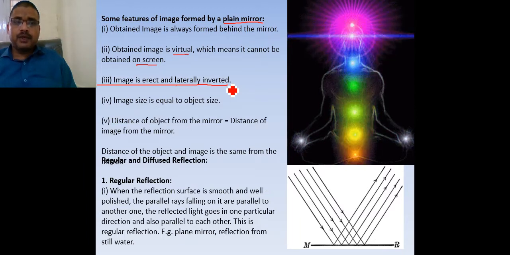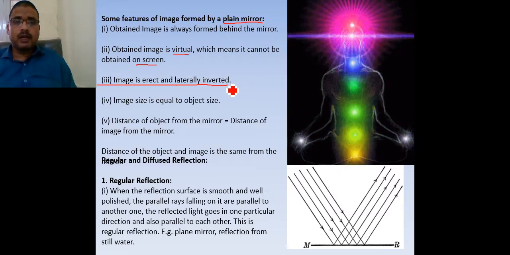Left hand becomes right hand, right hand becomes left hand. All these things happen if there is no symmetry. If all parts look the same, there will be no inversion.